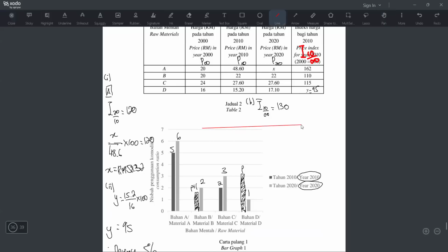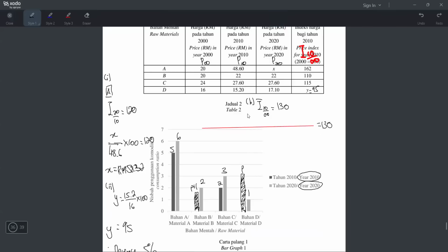Mestilah you guna composite index formula. Tapi weightage ada dua. You nak guna weightage yang mana? Because when you find composite index, you have to take the price index I times with the W weightage, right? But the weightage, what do you think you have to take? Do you take the 2010 punya weightage, the dark color one or the bright color one? Yang mana? 2010 or 2020?